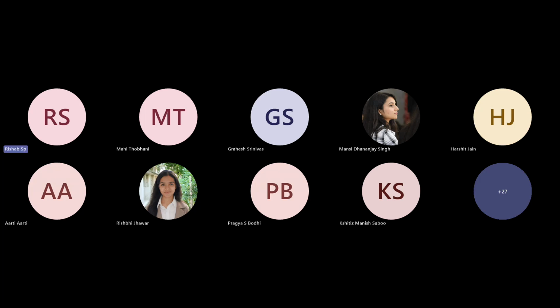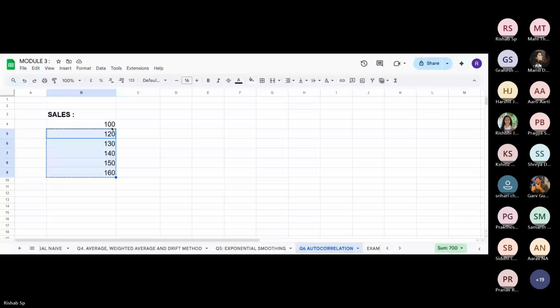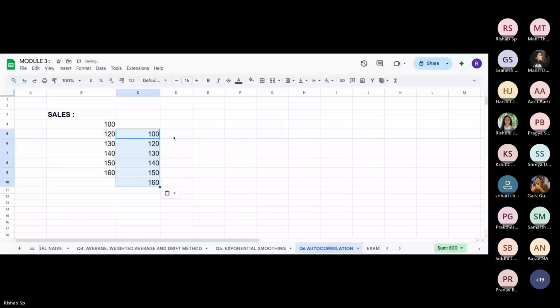Let's assume there is sales data, and in the past it was 100, so the predicted value is 100, but the next observed value is 130 while we predicted 120, so there is a pattern here.